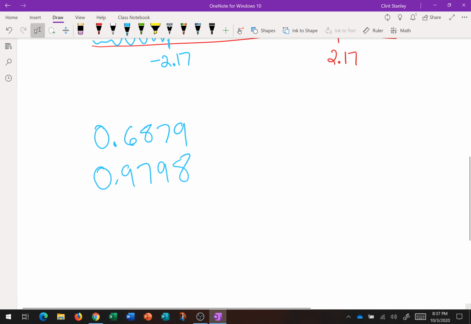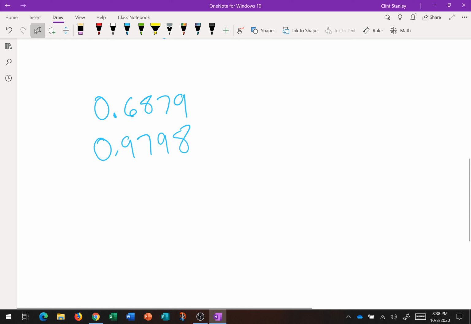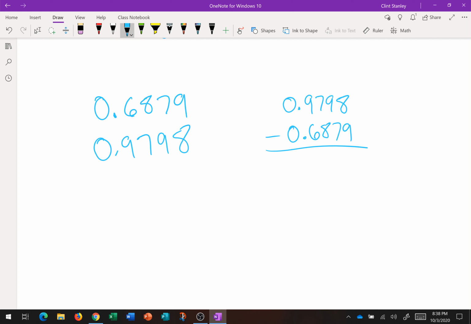And then we will subtract these two areas. The thing to remember here is that the answer cannot be negative because we're finding area. So we'll put the biggest one first. We'll subtract 0.9798 minus 0.6879. We'll get 0.2919.